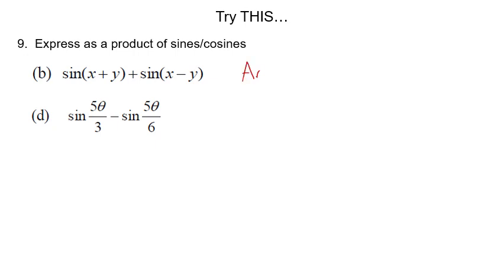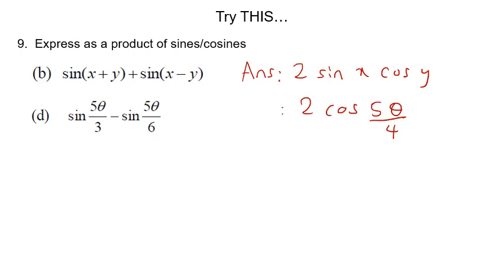I'll give the answer for these. For question B, the answer is 2 sine x cos y. And for question D, the answer is 2 cos 5 theta over 4 sine 5 theta over 12.